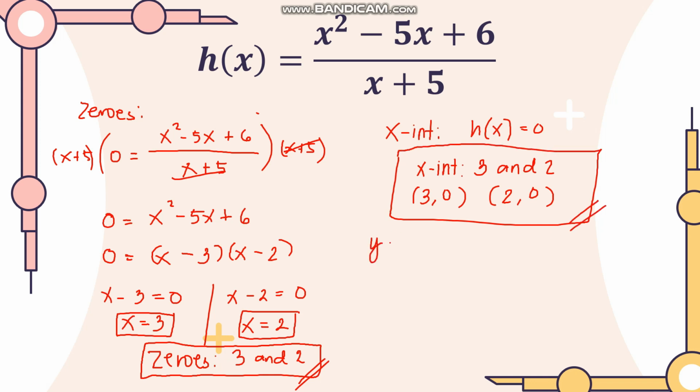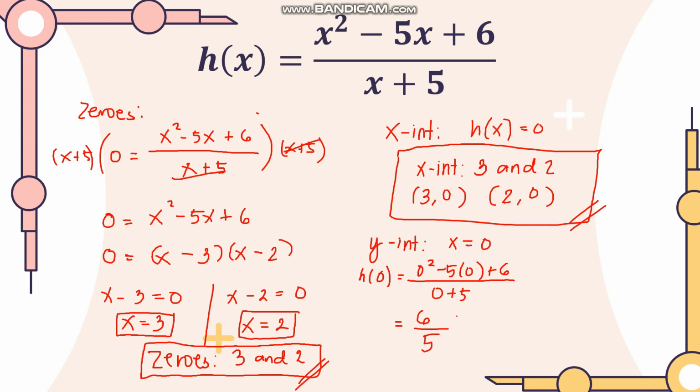And lastly, for our y-intercept, we set x equal to 0. So we have h of 0 equals 0 squared minus 5 times 0 plus 6 over 0 plus 5. So this is just 0 minus 5 times 0, which is 0. So we're just left with 6. 0 plus 5 is 5.